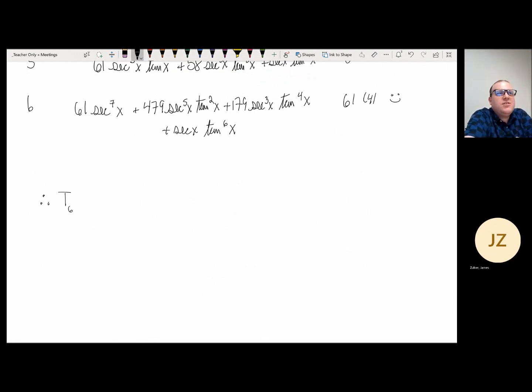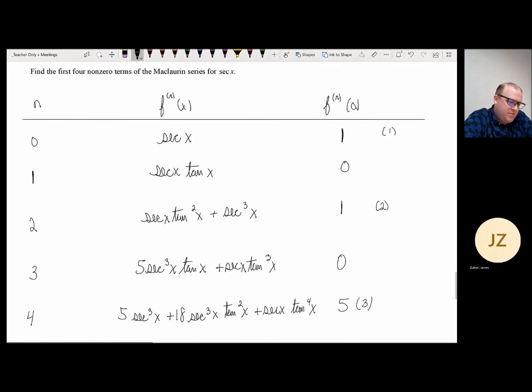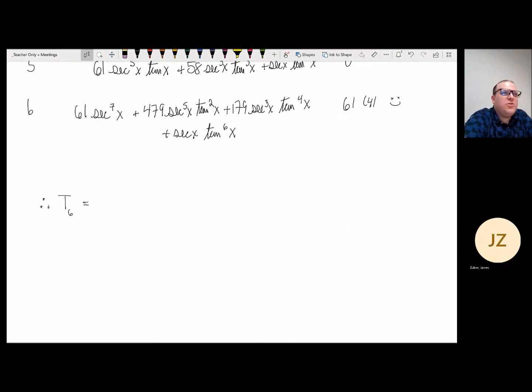We want T6. And I am not going to bother writing out the ones that are 0. 1 over 0 factorial is 1. Then it was 2, so it was 1 over 2 factorial, x squared.